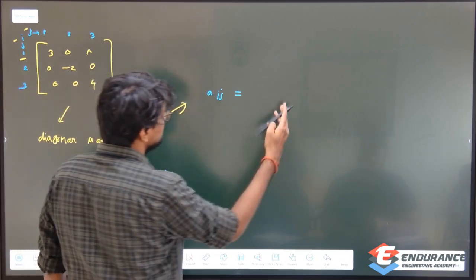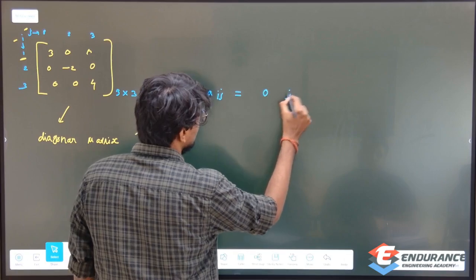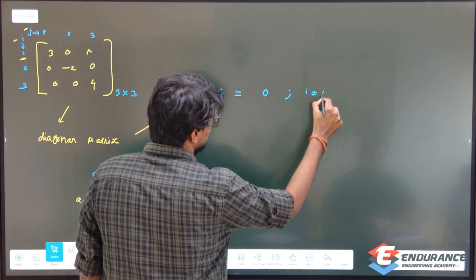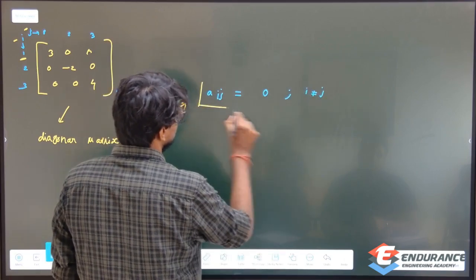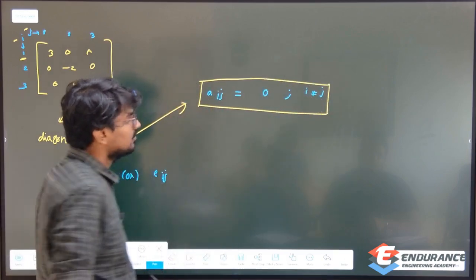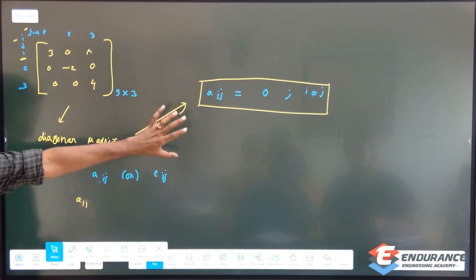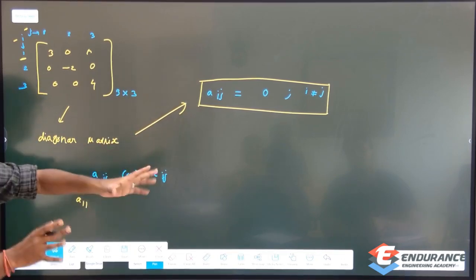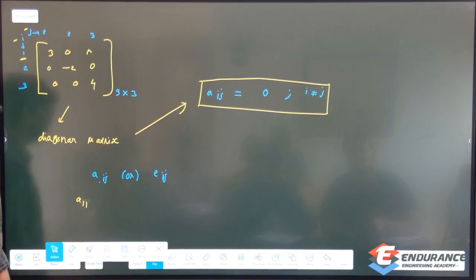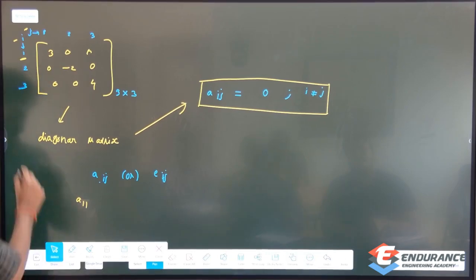So Aij equals 0 if i is not equal to j. This is the elementary condition. That is how I need to define an elementary condition: a condition which represents an element. Okay, this is for the diagonal matrix.